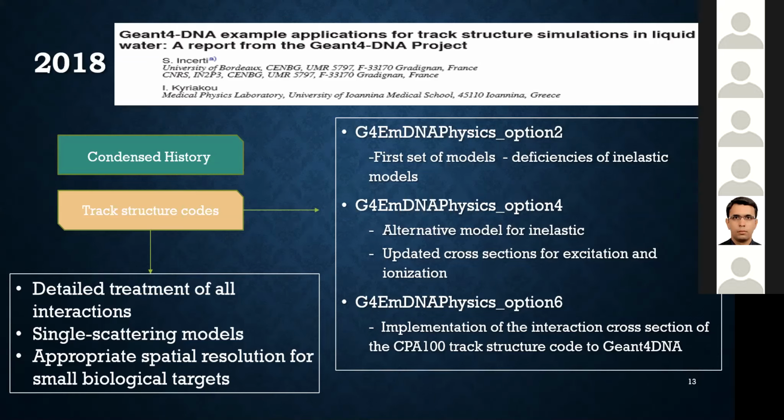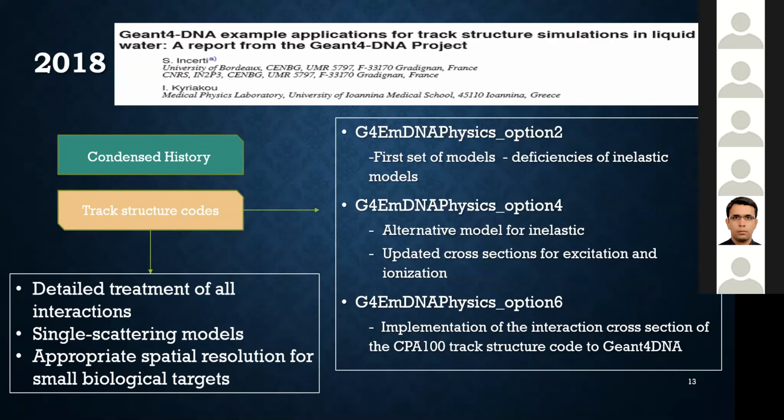Option 2 is the first set of models, but it presented deficiencies in the inelastic models. So for this, option 4 was created, in order to have better results. It has an alternative model for the inelastic and also updated cross sections for excitation and ionization.